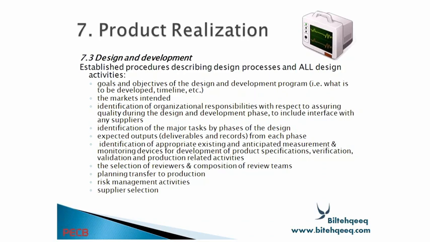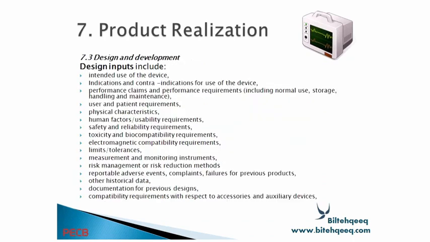Identification of the major tasks by phase of the design, expected outputs, deliverables, and records from each phase, identification of appropriate existing and anticipated measurements and validation and production related activities. The selection of the reviewers and composition of review team, planning transfer to production, risk management activities, supplier selection.